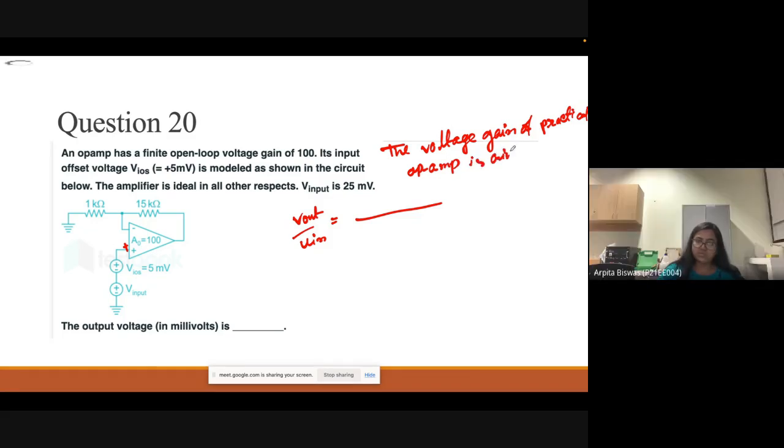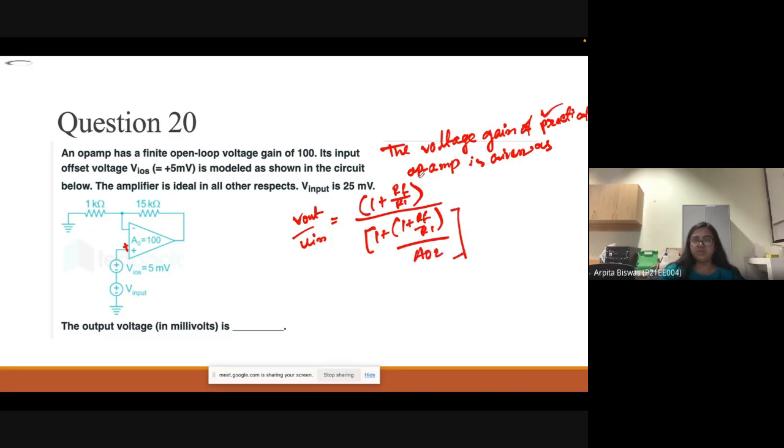Yes. This formula you have to use: 1 plus Rf by R1 divided by 1 plus (1 plus Rf by R1) by AOL. This formula you have to use for the practical purpose.